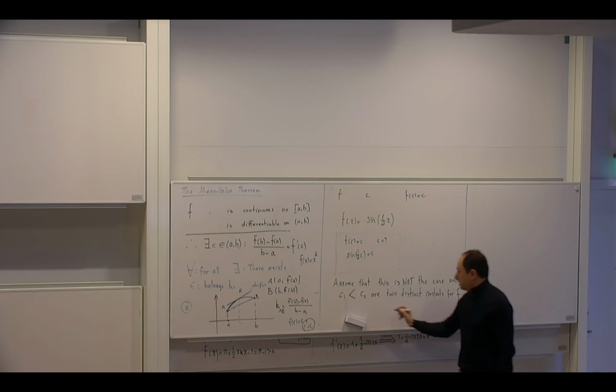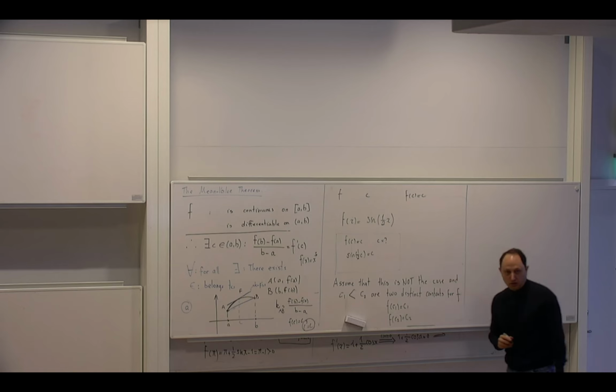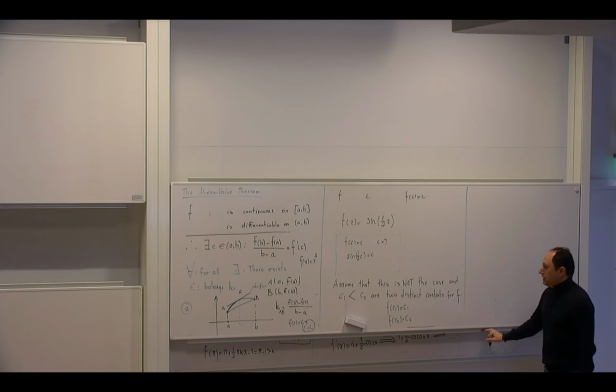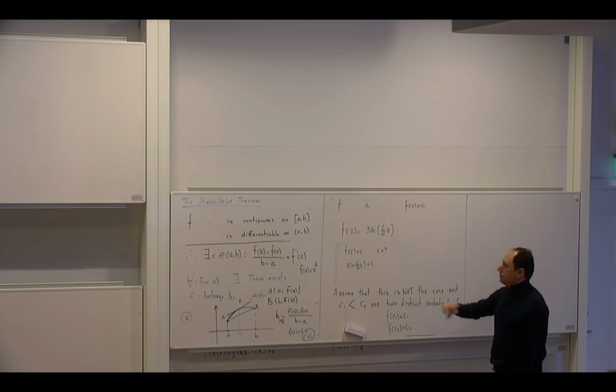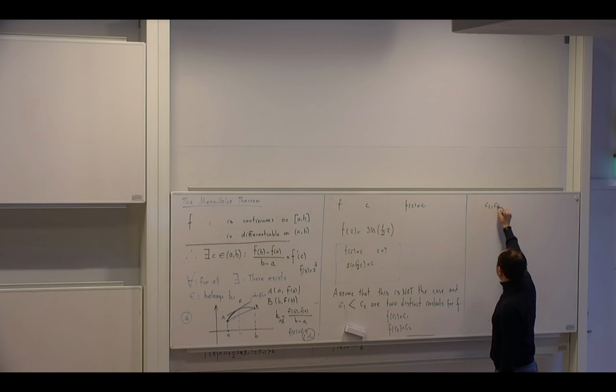So what does it mean? It means that f of C1 is equal to C1 and f of C2 is equal to C2. Yes, that's the meaning of being constants. But now, can I apply the mean value theorem for this function on the interval C1 and C2?